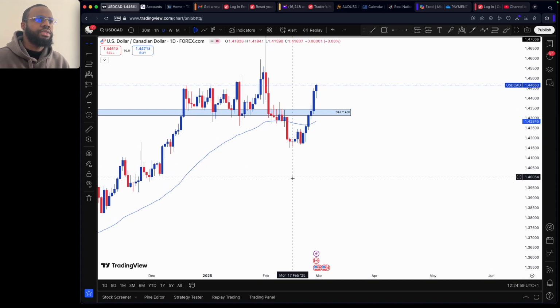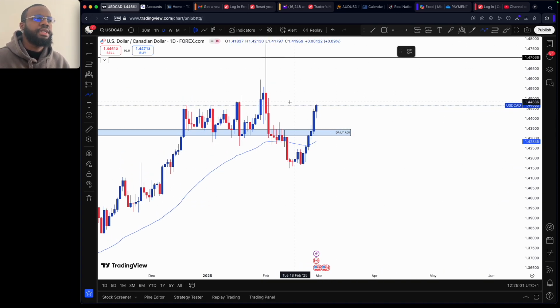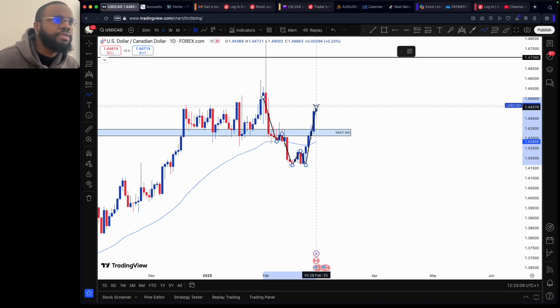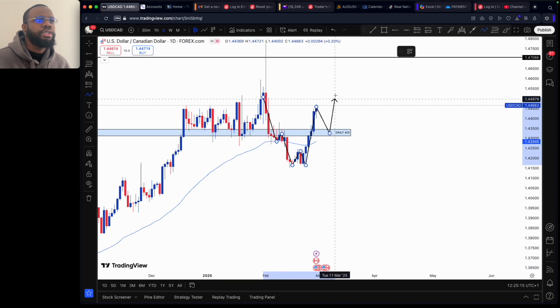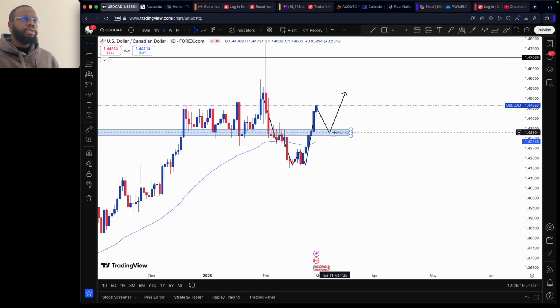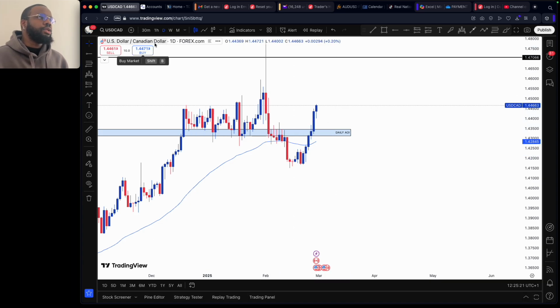What can we see on the daily? The daily time frame was breaking to the downside, then now we have a shift to the upside. So what are we waiting for? We wait for a retest of this beautiful support zone, to take price at least to the upside. So this is for USD CAD.